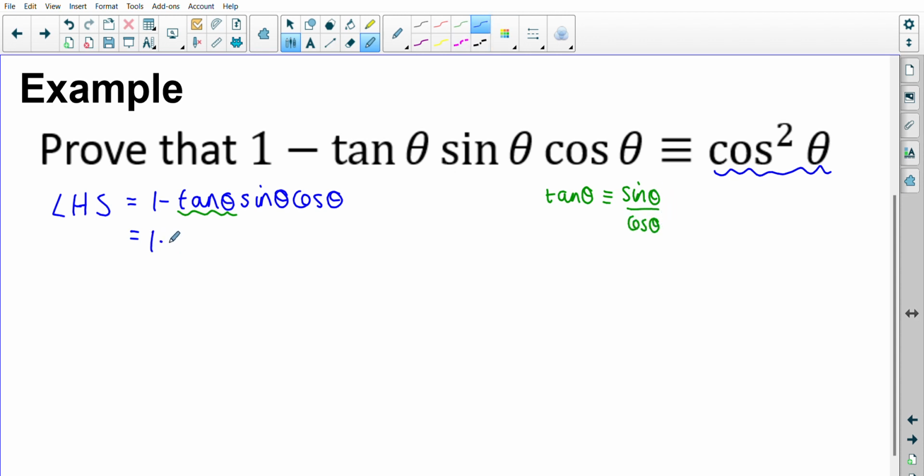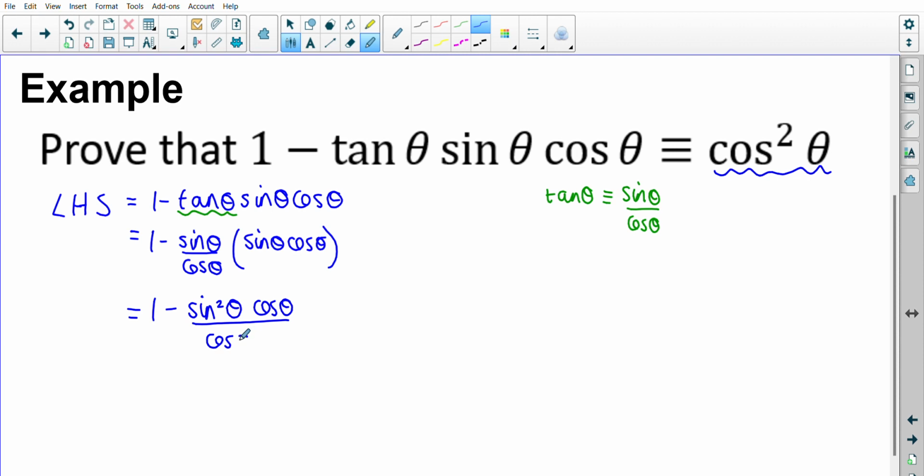So 1 minus sine theta over cos theta, and then it'll be sine theta cos theta in a bracket. Just put it in a bracket because it looks a bit complicated. Now if I times by this bracket, I'll have sine squared theta cos theta on the numerator over cos theta.